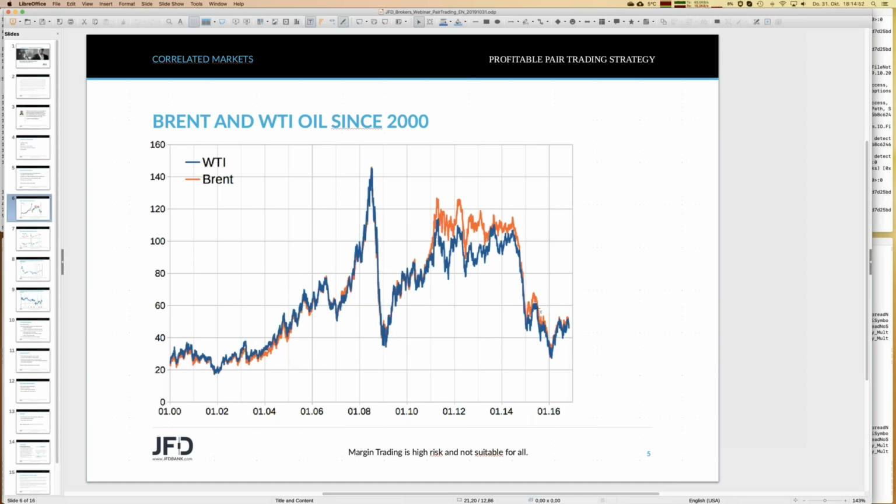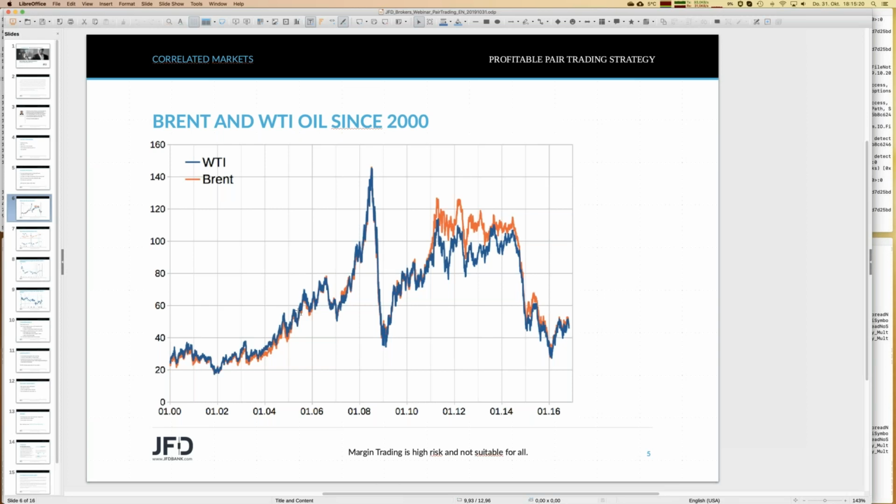But now, what if one is temporarily getting more expensive and the other one would get cheaper? So let's assume the price at some point in time, and you see we are looking at 2 decades here, but the price for WTI would increase and the price for Brent would decrease. Okay, that doesn't happen that often, but it might happen.